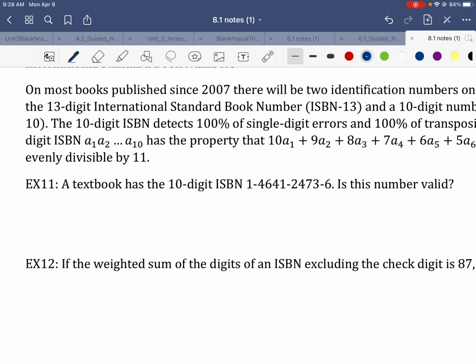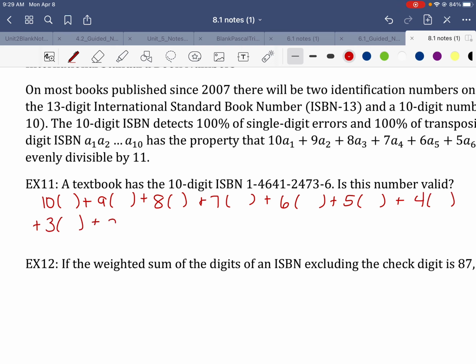So here we are going to build our framework. 10 times the number plus 9 times the number plus 8 times the number plus 7 times the number plus 6 times the number plus 5 times the number plus 4 plus 3 plus 2 plus the last number. Go ahead and pause this if I'm going too fast. Take your time and pause it and get everything loaded in.